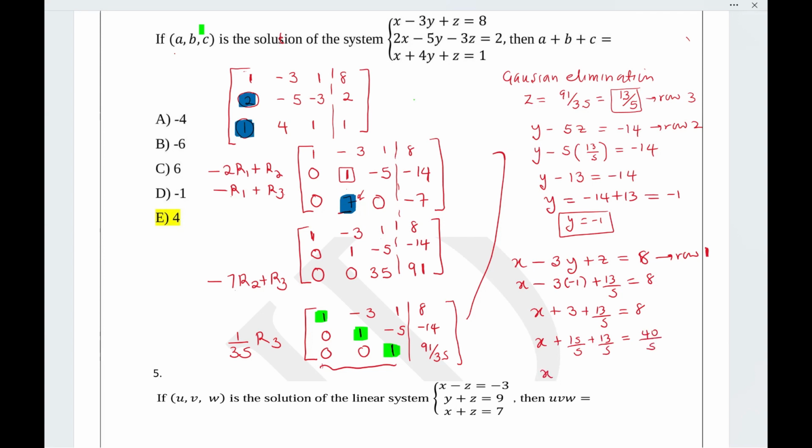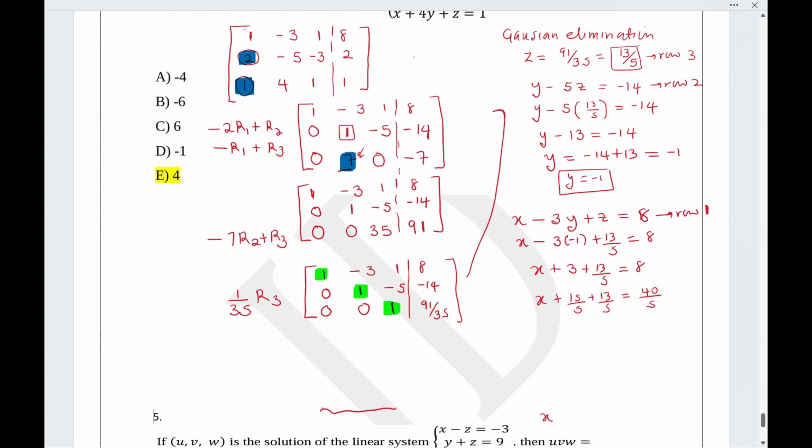And this x is going to be what? So you will see that x plus 28 over 5, right? 28, yes.